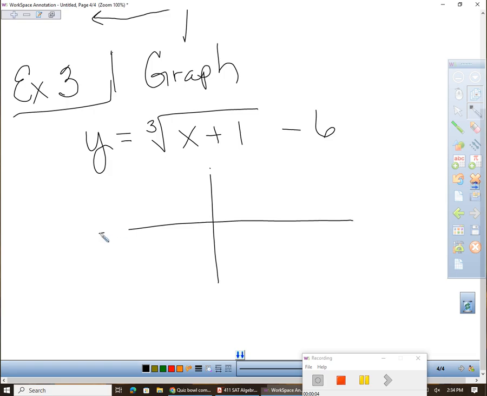Good. Left 1, I agree, and down 6. Good job, Parker. All right, so I'm going to go to the left 1 and down 1, 2, 3, 4, 5, 6. This right here is the middle of our S curve. So from that dot, I curve the top half, go back to my dot, and curve the bottom half.